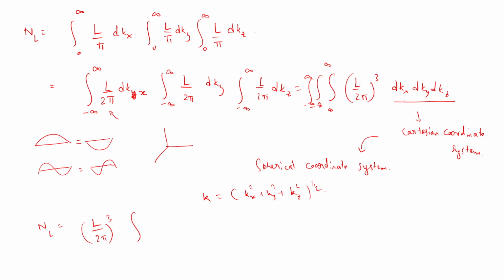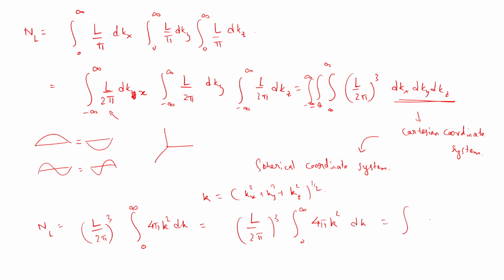If we do so, this element will become 4 pi k square dk, 0 to infinity now. Okay, so now a very important thing. In terms of k, we have L over 2 pi whole cube, 0 to infinity, 4 pi k square dk.